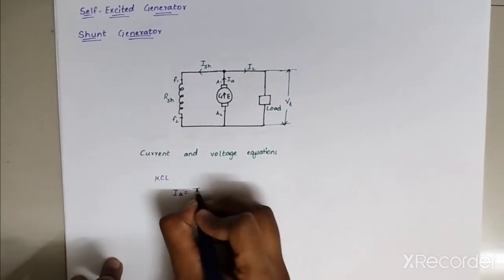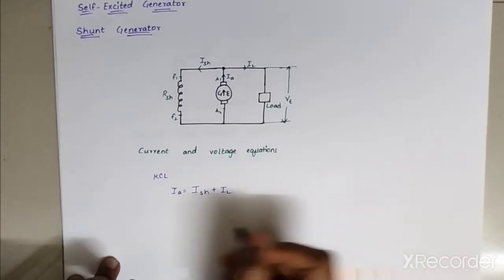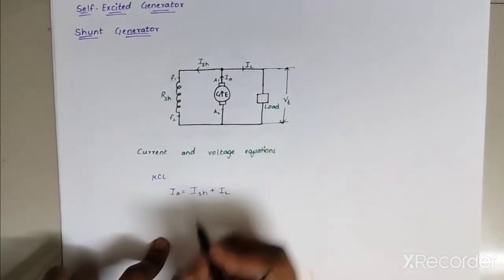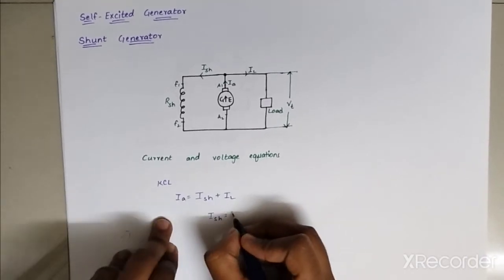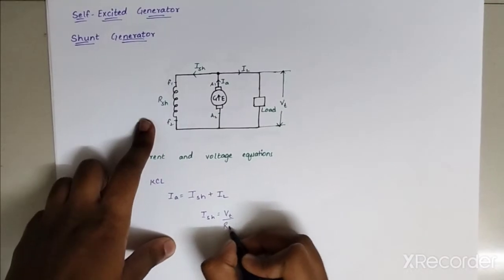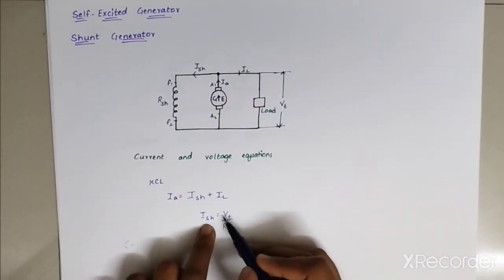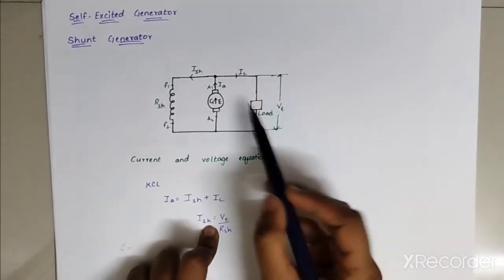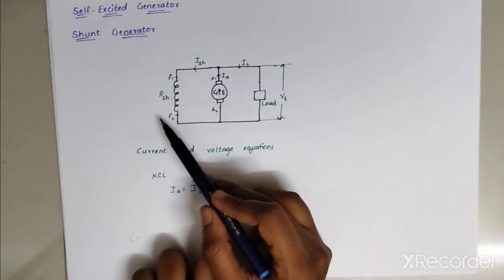So IA is equal to ISH plus IL. Here ISH is equal to the voltage VT by RSH, since this is a parallel connection, the voltage is the same across every element.